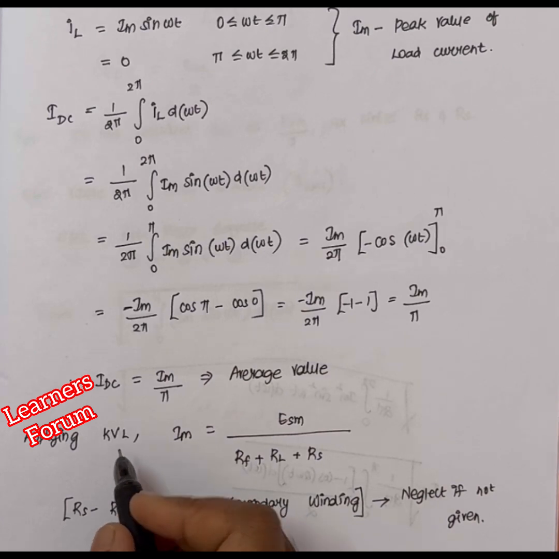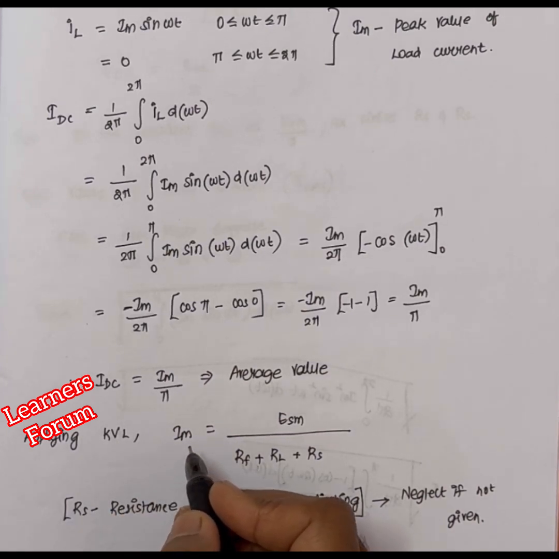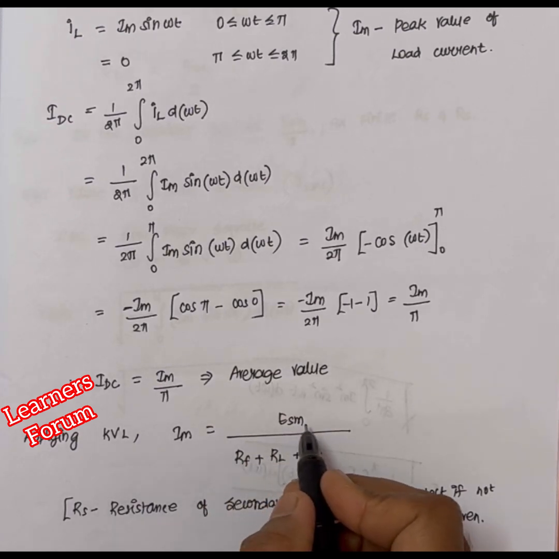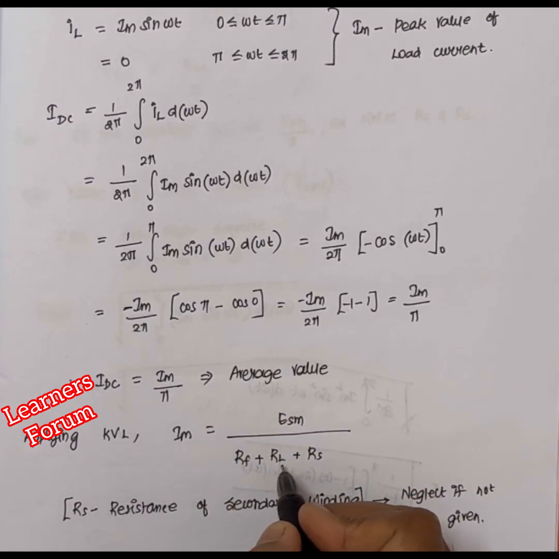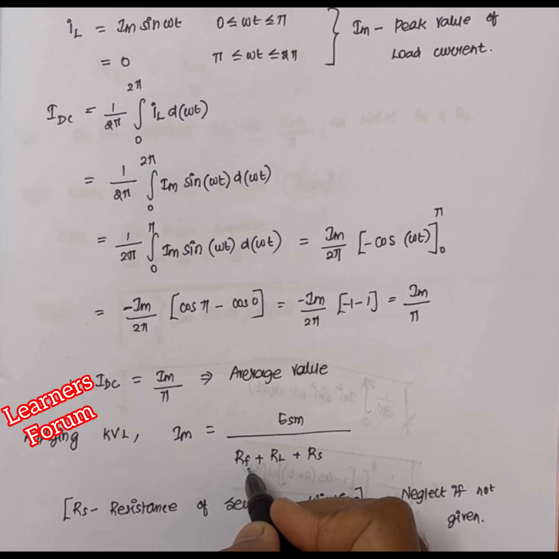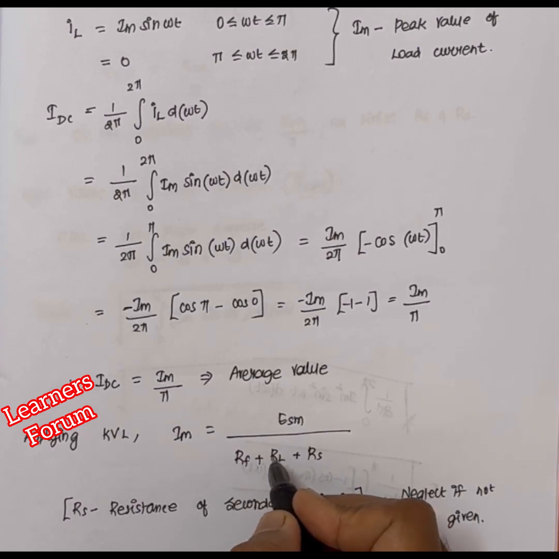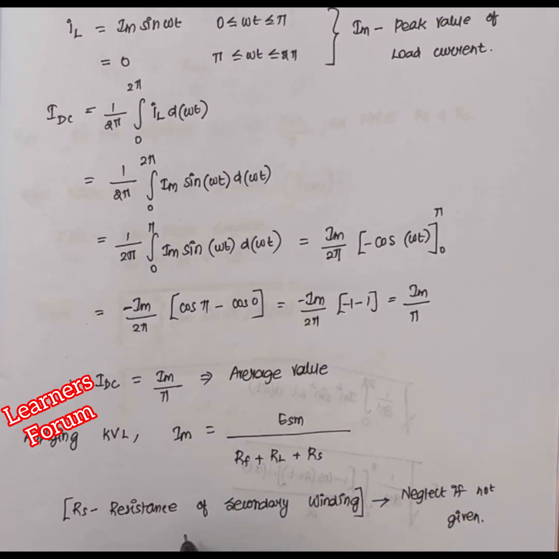If you apply KVL to the complete half-wave rectifier circuit, we get the value of Im as ESM divided by RF plus RL plus RS. RF is the forward resistance of the rectifying element, that is the diode, RL is the load resistance, and RS is the resistance of the secondary winding. When solving a problem based on this equation, you have to check for the value of RS.